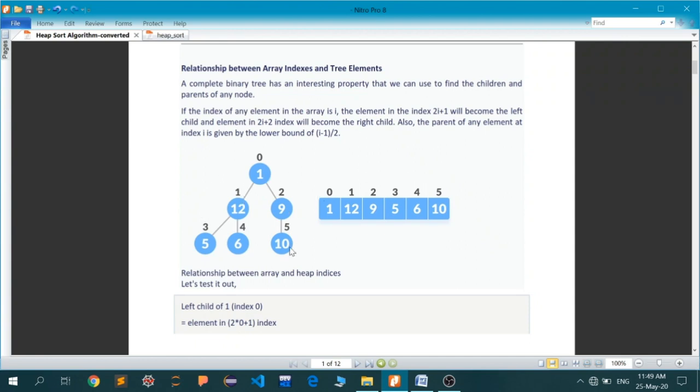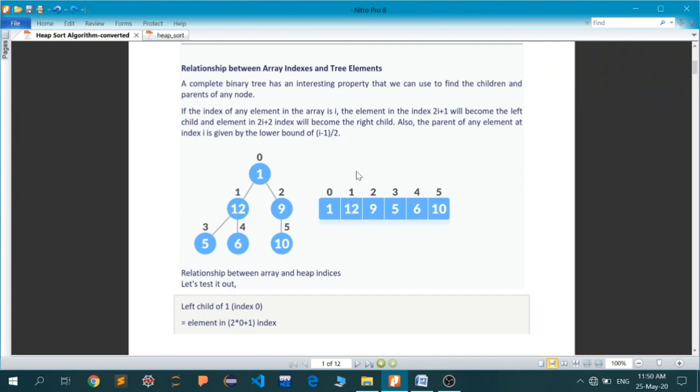This 10 could be in the right child position of 9, but we have inserted the element 10 as the left child of 9, because the second constraint of a complete binary tree is that the data must be accumulated to the left as much as possible.